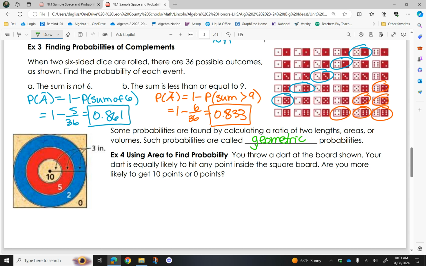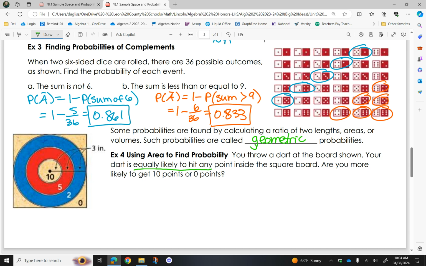Our first one is throwing a dart at a board, which is shown. Your dart is equally likely to hit any point inside of the square board. Are you more likely to get 10 points or 0 points? Equally likely to hit any part means it's a fair board. There are such things as not fair dice or weighted dice.